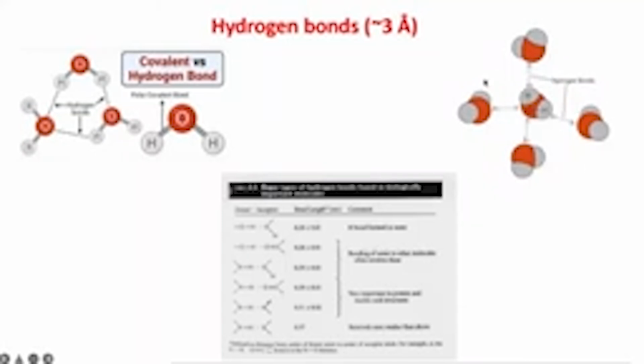And this hydrogen bonding from the viewpoint of a biologist is very important, because it provides stability to macromolecules, and of course not necessarily macromolecules, all kinds of molecules, when molecules are in solution.